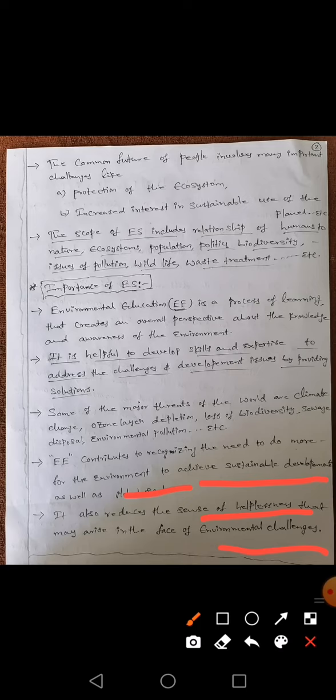By learning it, we learn how to develop the environment: how to stop pollution, ozone layer depletion and air pollution, and how to dispose of the waste produced by human beings in different ways. And one more thing: how to increase the number of plants and develop the forests. These kinds of things come under the importance of environmental studies.